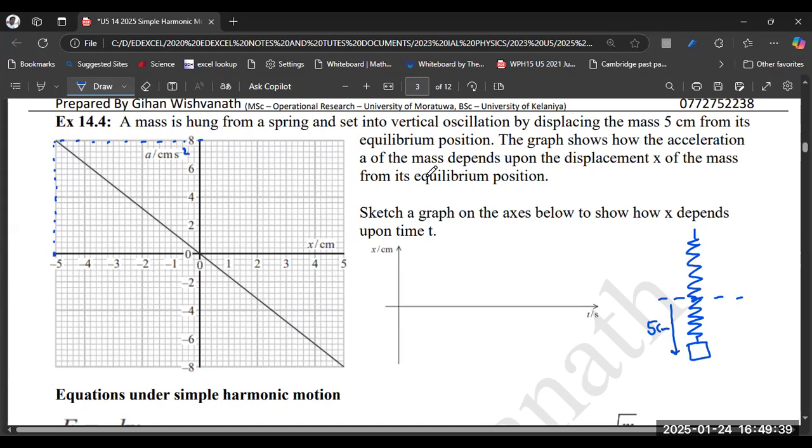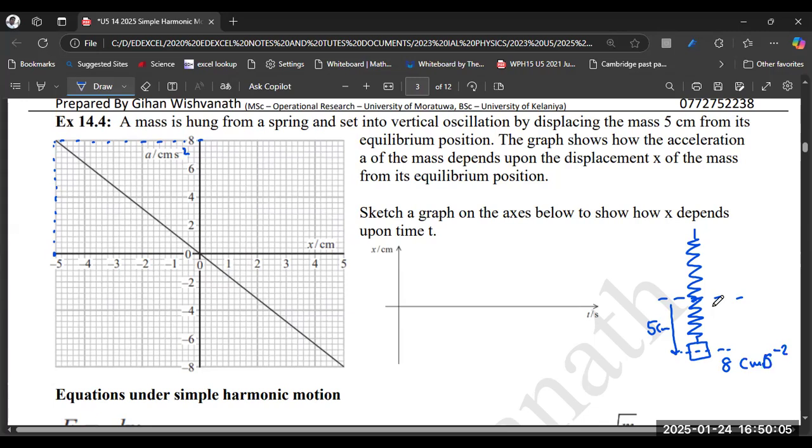The graph shows how acceleration a of the mass depends upon the displacement x of the mass from its equilibrium position. When it is 5 centimeters, the acceleration would be what? 8 centimeters per second squared.